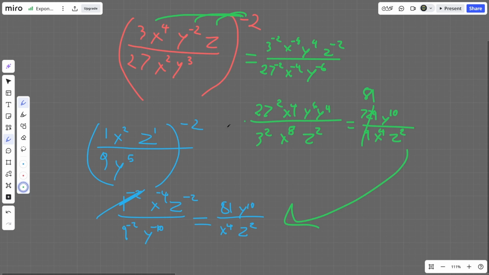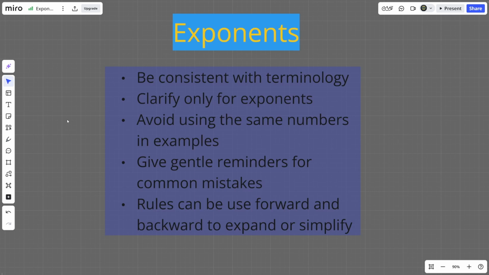But, of course, there is also the issue of timing and pacing and how much work you can actually get done in a certain amount of time. It's a balancing act. But ultimately, math is math. Just for some last-minute reminders, try to be consistent with terminology, and try to use the correct terminology even if you're saying something else.